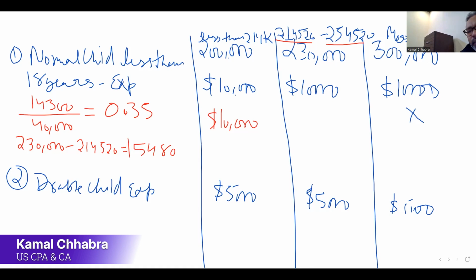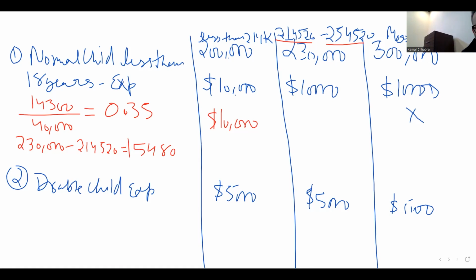So 15,480, and if you multiply by 0.35, how much is it? 15,480 multiplied by 0.35 is 5,418. So this 5,418 will be reduced from the maximum amount.